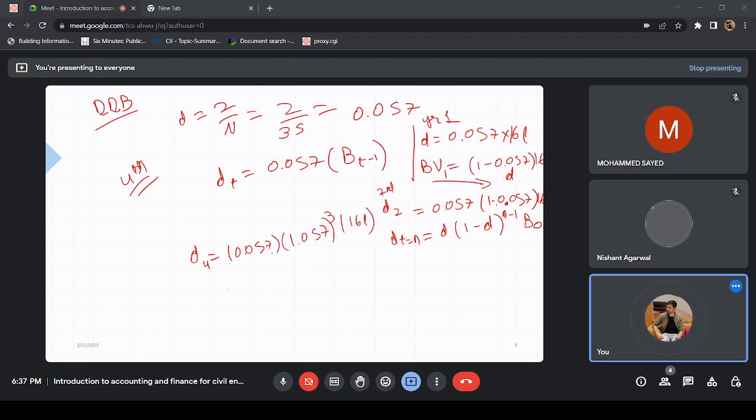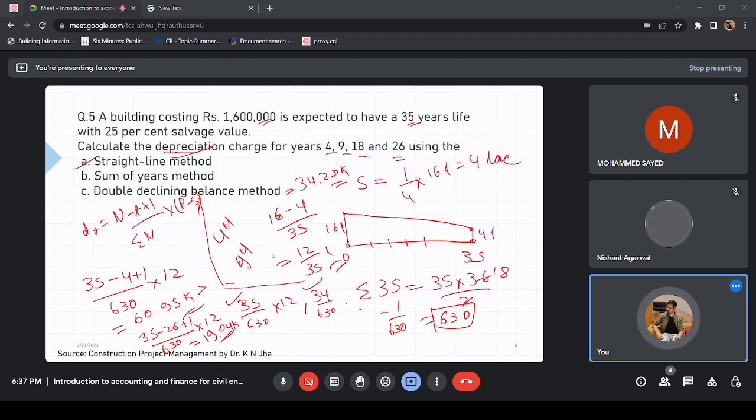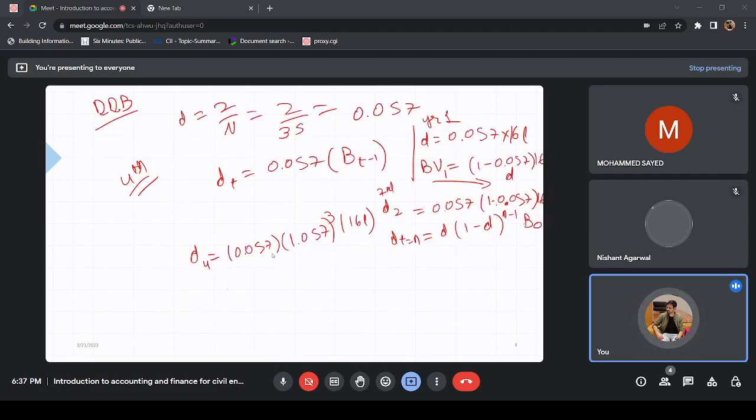So I guess you can calculate this quite easily.